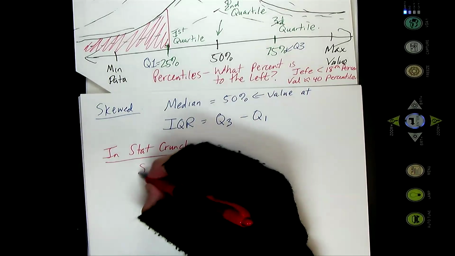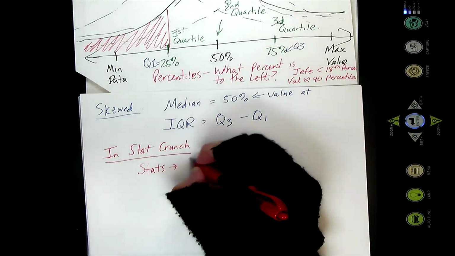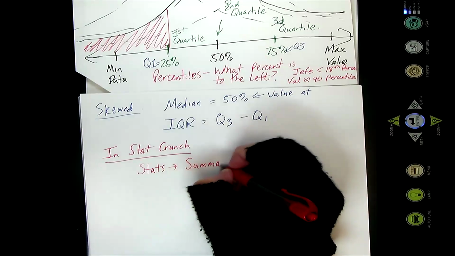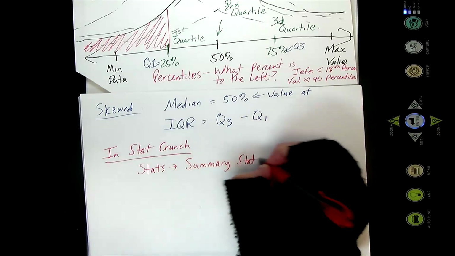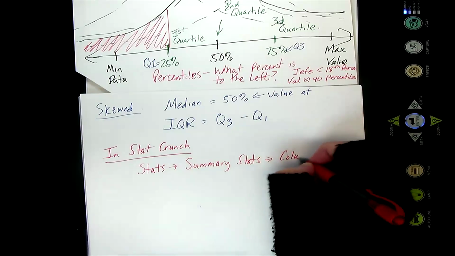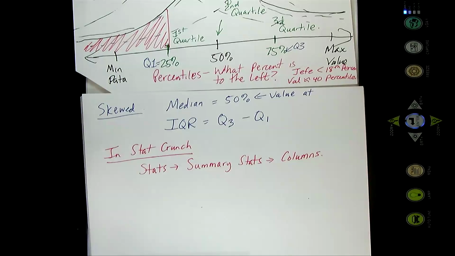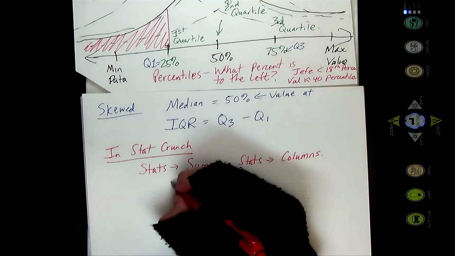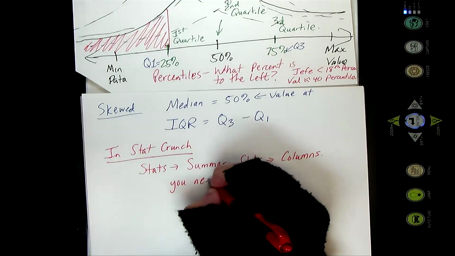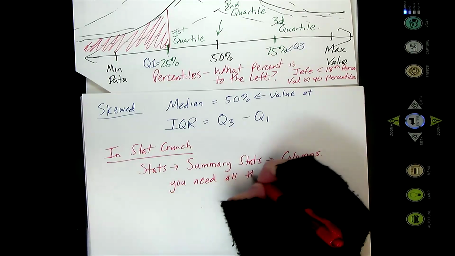We can go Stats, Summary Stats, Columns. And you need to have the column data. You need all the data values.